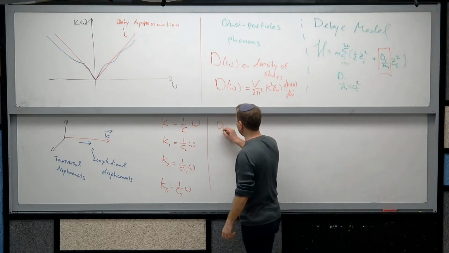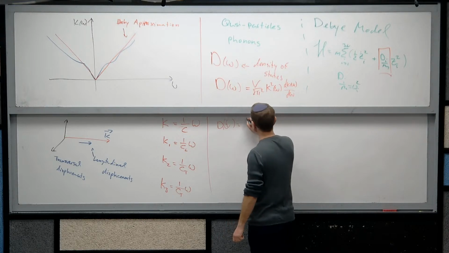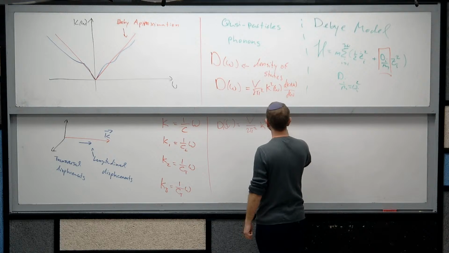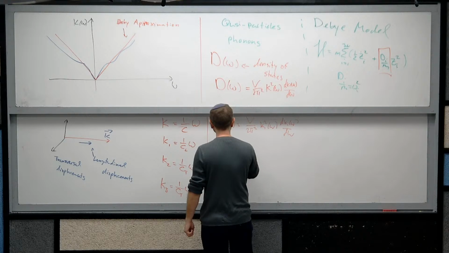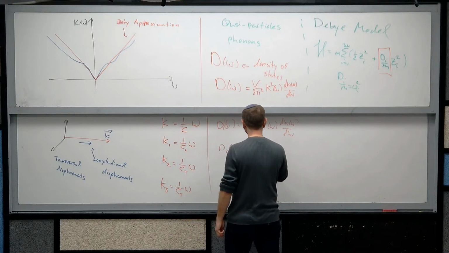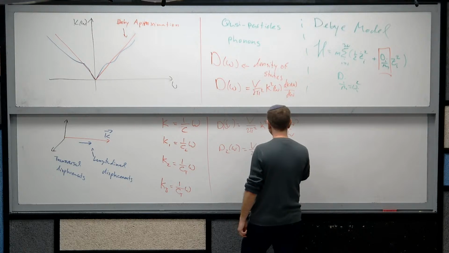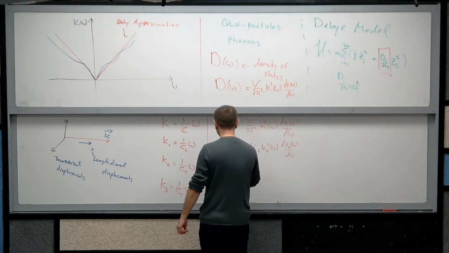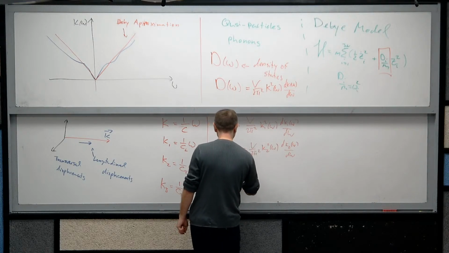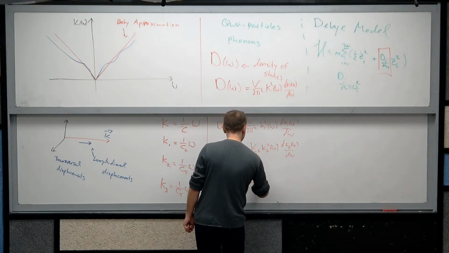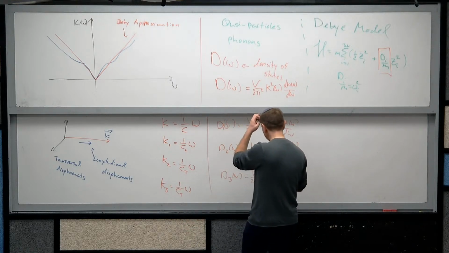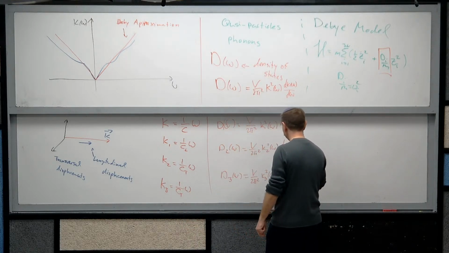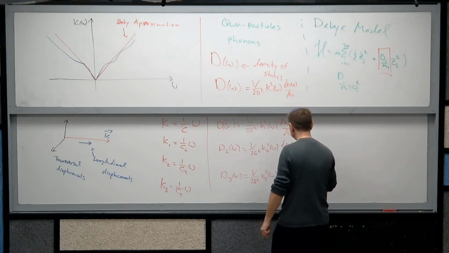So we can have D1 of omega, which is V divided by 2 pi squared, k1 squared of omega, dk1 of omega, d omega. We're going to have D2 of omega, which is V divided by 2 pi squared, k2 squared of omega, dk2 of omega, d omega. And we're going to have D3 of omega, which is V divided by 2 pi squared, k3 squared of omega, dk3 of omega, d omega.